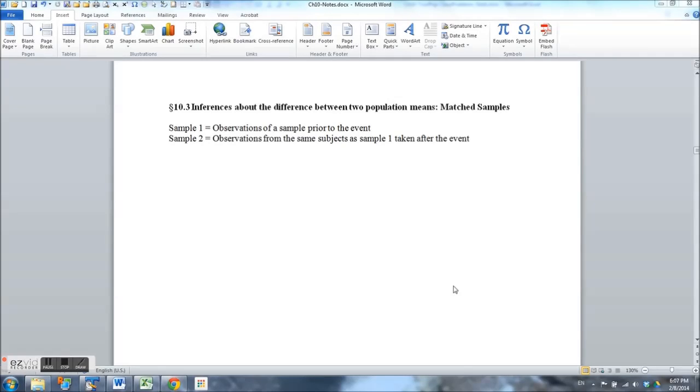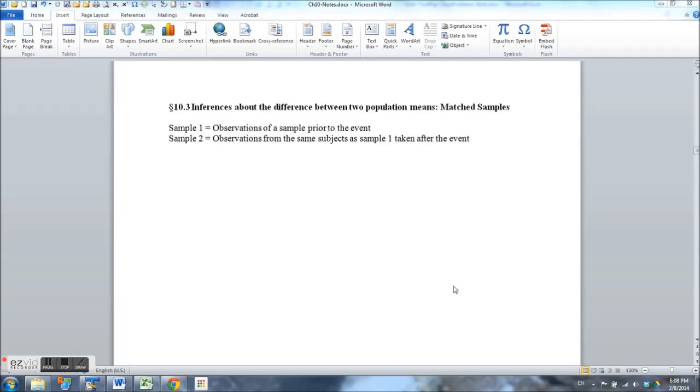You may want to weigh each subject before they go into the program and then match each observation with the weight after the completion of the program. This is the reason why this is called matched sample, because each observation is matched to another observation from the other sample.